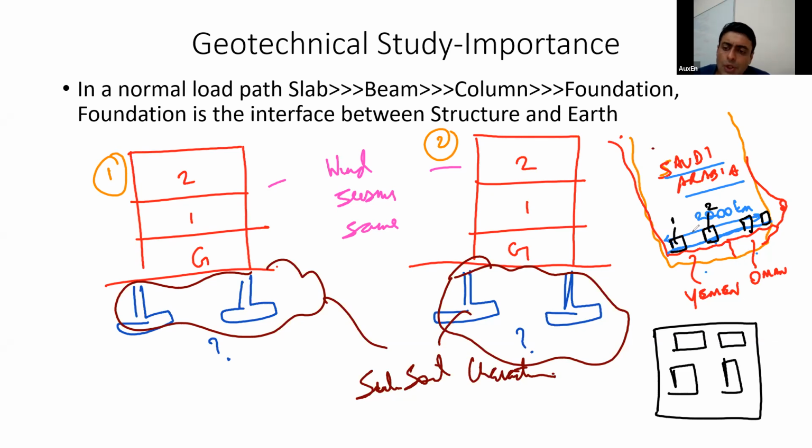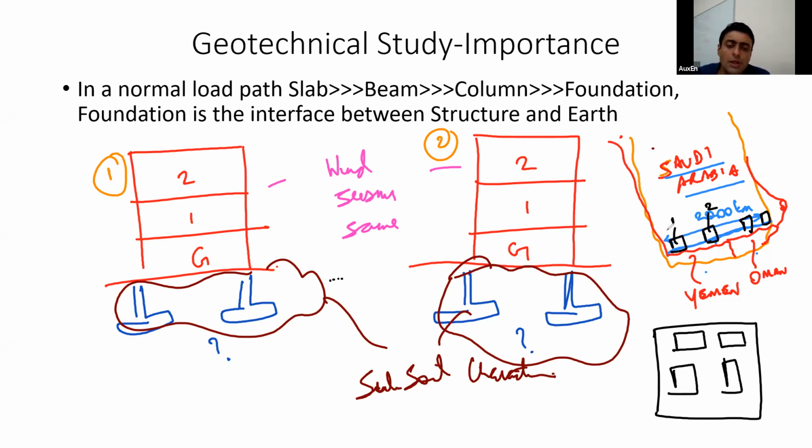Okay. So I'm giving you a practical example of what I just said. Your superstructures were all similar. But along this 2000 kilometer length, what was changing was the soil characteristics. At some locations we just got sandy strata, at some locations we got hard rocks, etc. So our foundation systems we had to continuously change.